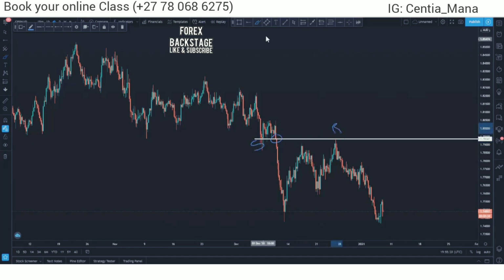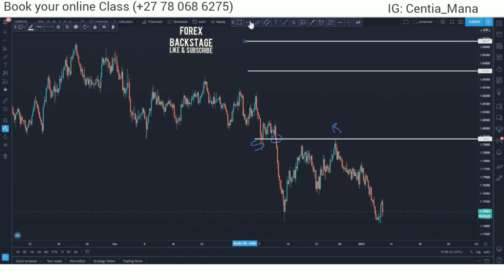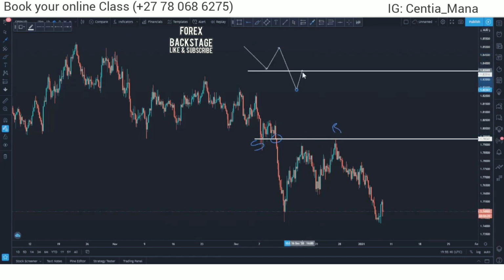Okay, because remember, support can turn into resistance, right? But only after a breakout. All right, so it can be support here, and then we have a breakout, and then market will react as a resistance on this level. Okay, so always keep that in mind. This new level of support, we have a breakout, and then market respects this level as a resistance.